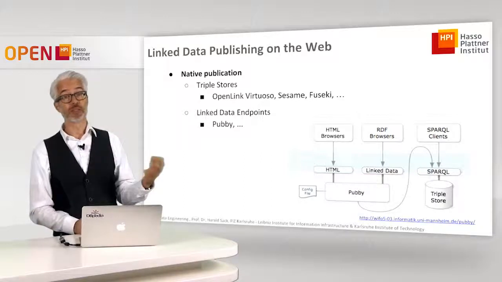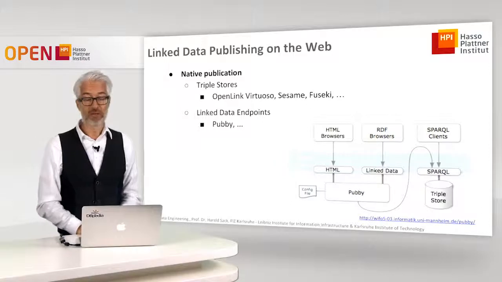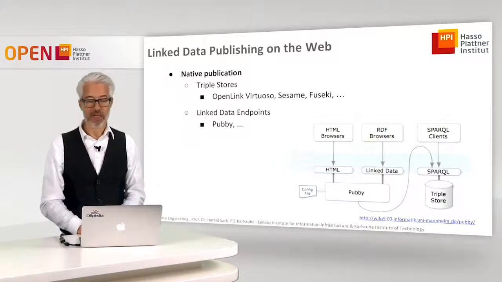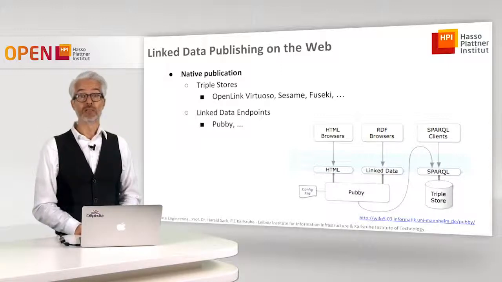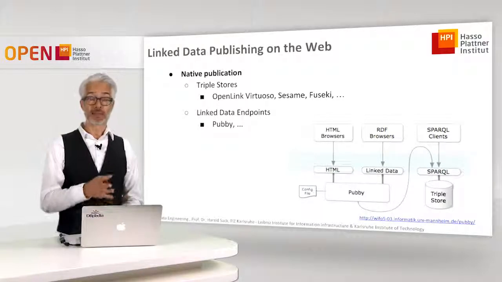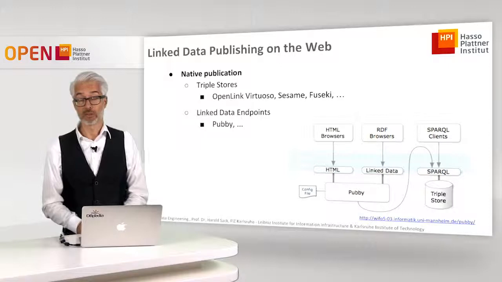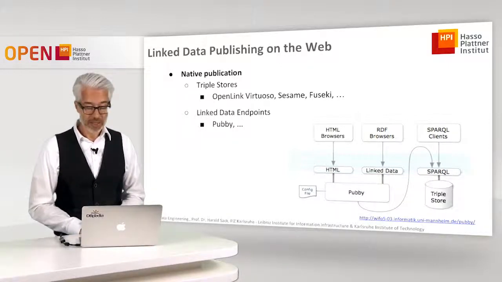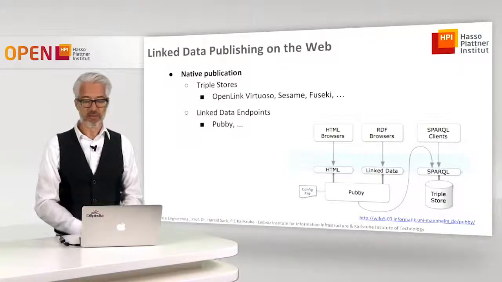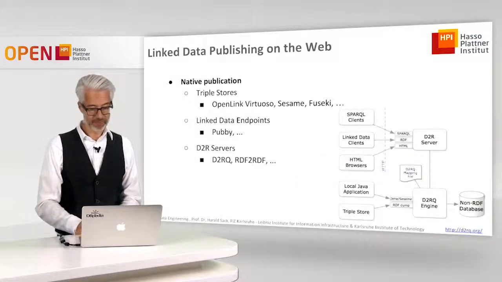So for the HTML browser, HTML will be delivered by Puppy, or then to an application, RDF in any RDF encoding that is available will be delivered via Puppy. So usually this means you are accessing a URI and you specify via content negotiation what kind of encoding you wish, and Puppy then can decide what to deliver. So this is one possibility.